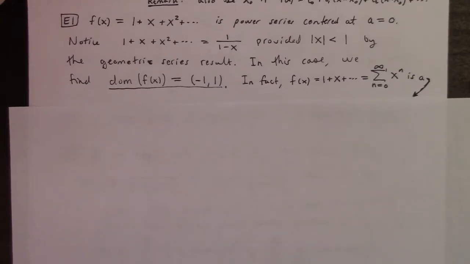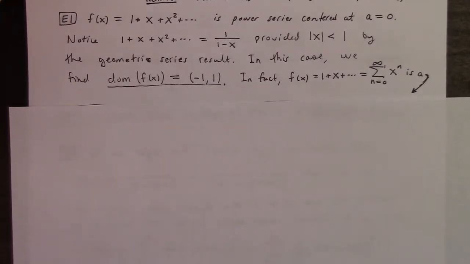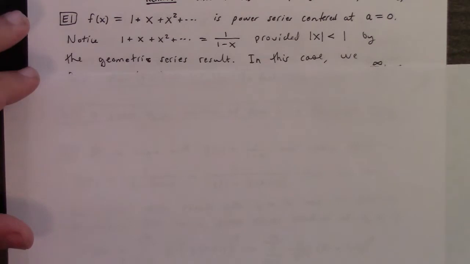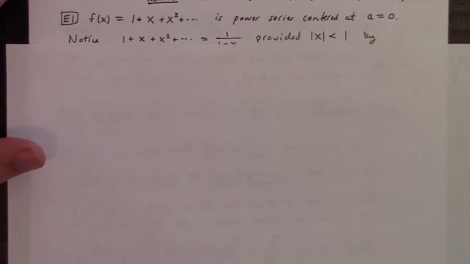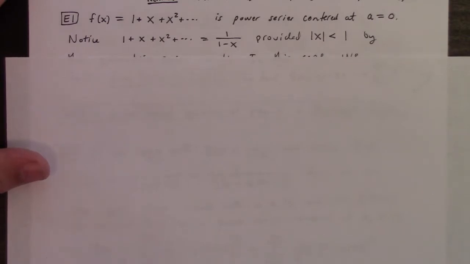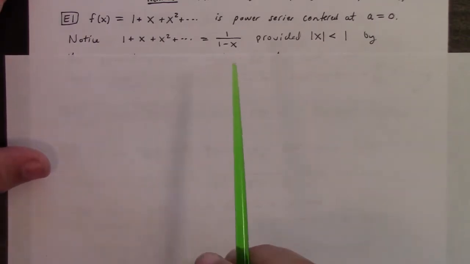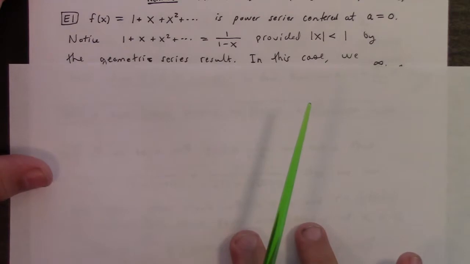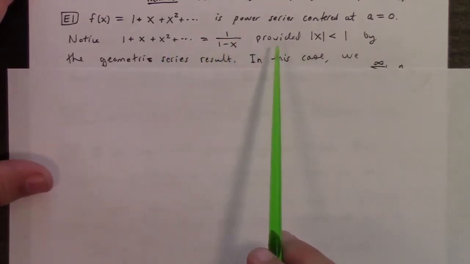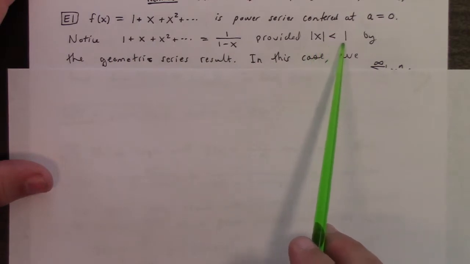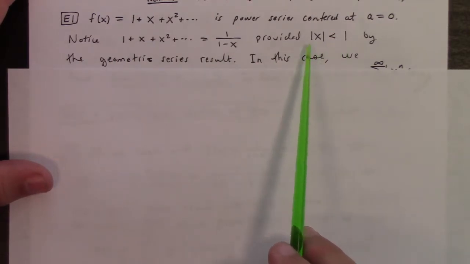So to give you an example of a power series, we could look at 1 plus x plus x squared plus x cubed, and so forth and so on. This is a power series centered at 0. And you notice that we could use the geometric series result to rewrite that as 1 over 1 minus x, not for all x, but for x that are within distance 1 of 0.